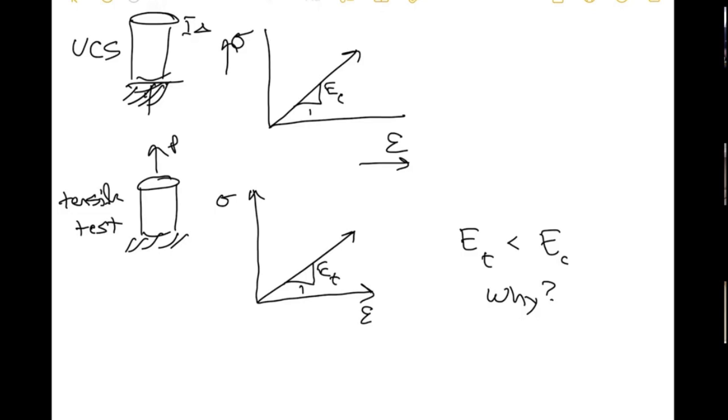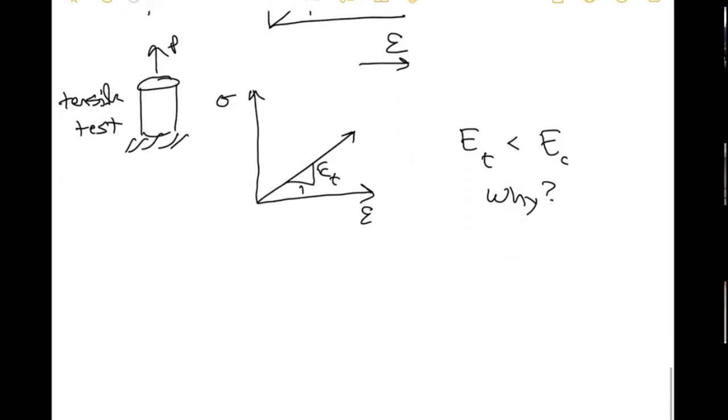Because when we compress the rock, the crack will be closed, but when we make a tension test, the crack will be there and just start to break. Yes, not break, but stress. So what you're saying is there, in most rocks, there's initial flaws, I guess.